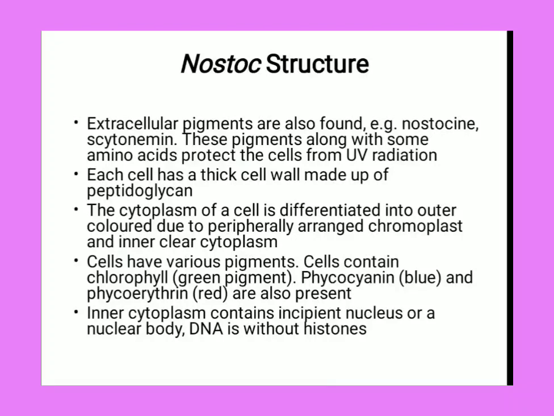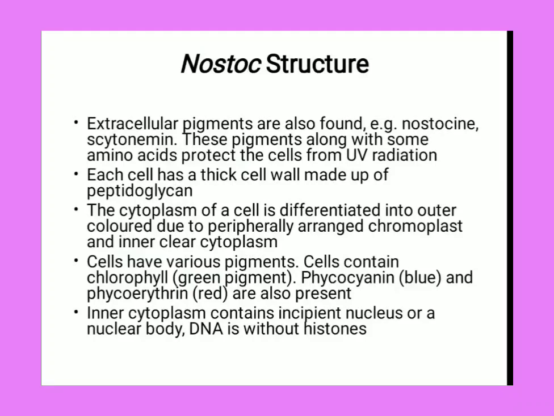But phycoerythrin is also present. The inner cytoplasm contains an incipient nucleus or nuclear body and DNA without histone. The DNA is not well developed, so it is without histone, because this alga is a prokaryotic alga, so its nucleus is not well developed.